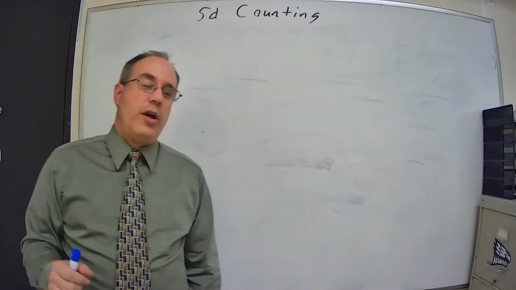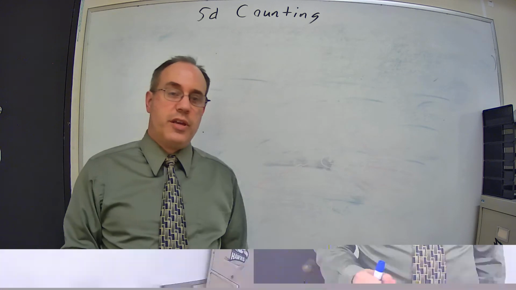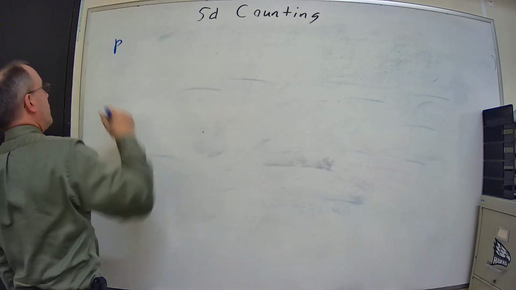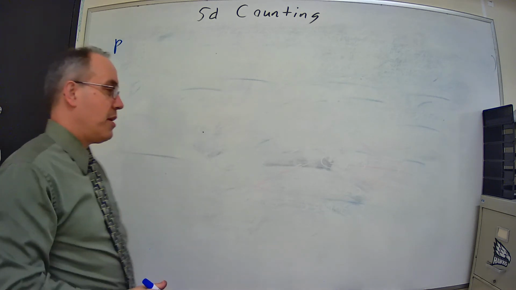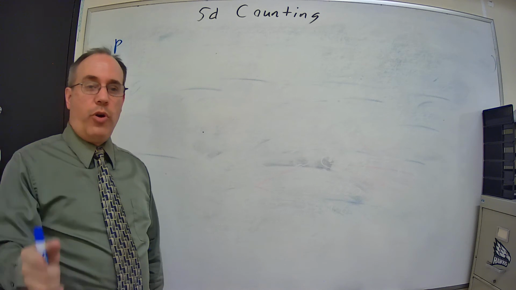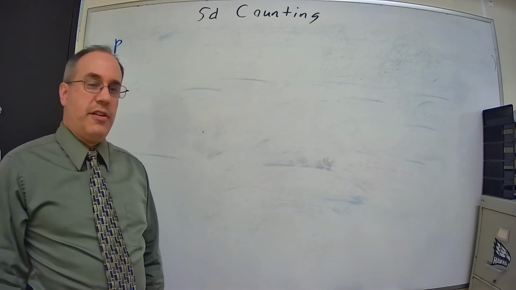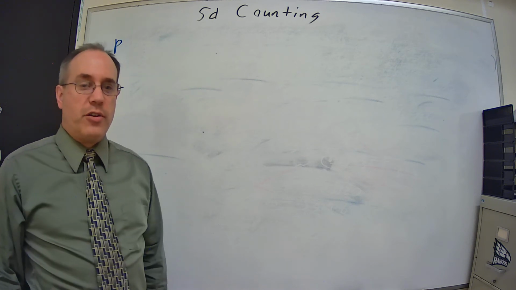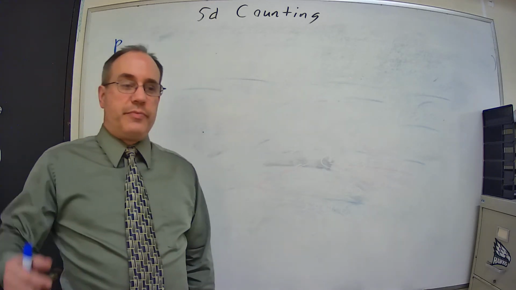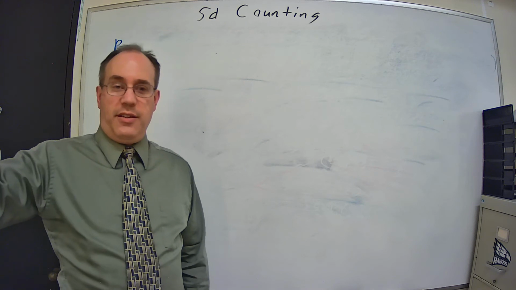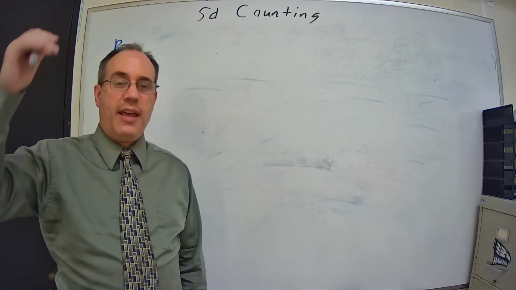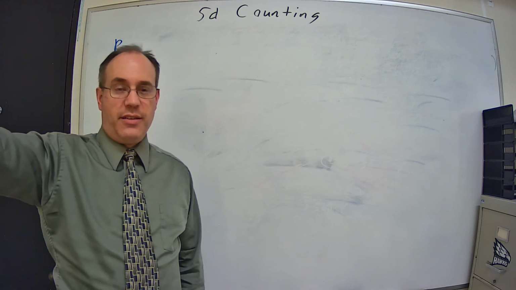Okay, so what I want to look at here is the probability that I get a royal flush when I'm dealt 5 cards. A royal flush is a straight that includes the cards 10, Jack, Queen, King, and Ace.